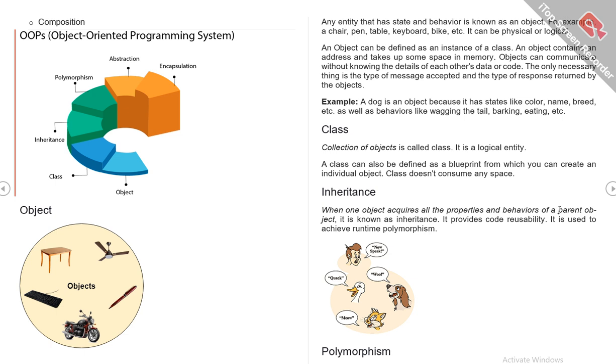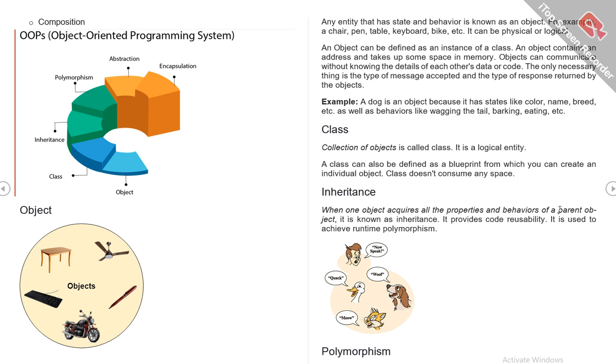And objects can communicate without knowing the details of each other's data or code. The only necessary thing is the type of message accepted and the type of response returned by the object. For example, a dog is an object because it has states like color, name, breed, etc., as well as behaviors like wagging the tail, barking, eating, etc.